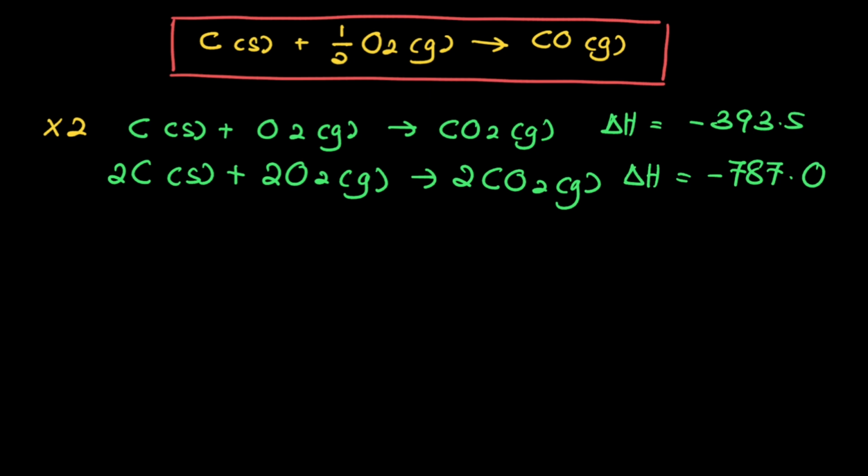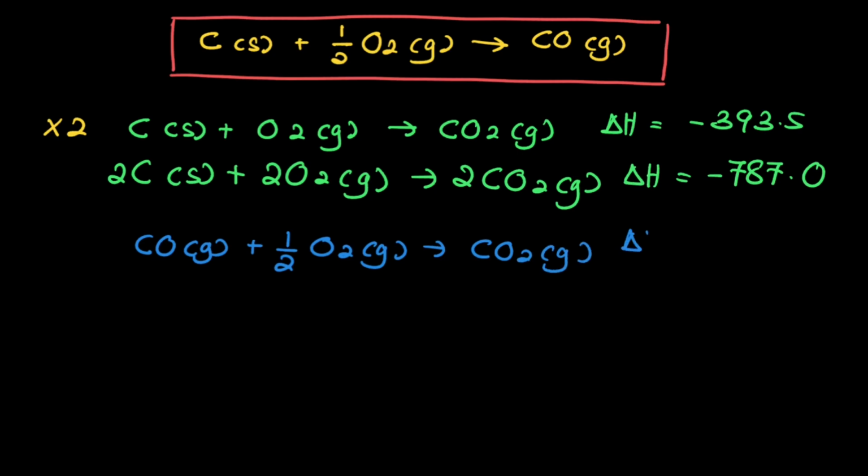So let's move on to the second equation given to you. The equation is carbon monoxide plus half oxygen gas to produce carbon dioxide gas with a delta H equivalent to negative kilojoule per mole. So now what we are going to do is switch places.